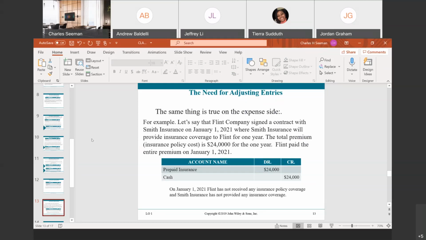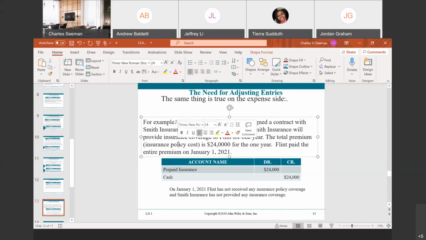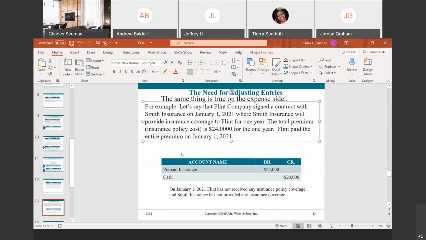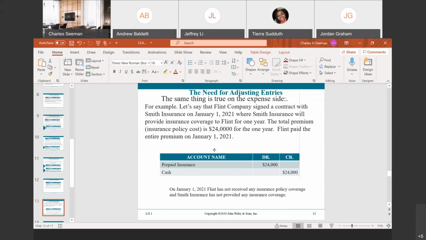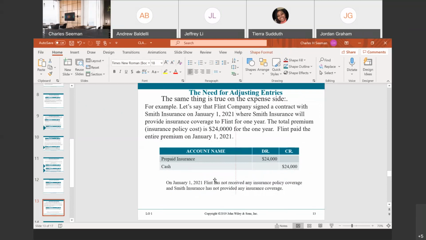For example, let's say that Flint Company signed a contract with Smith Insurance on January 1st, 2020, where Smith Insurance will provide insurance coverage to Flint for 1 year. The total premium insurance policy cost is $24,000 for the year. Flint paid the entire premium on January 1st. Since Flint has not received any insurance coverage, remember the policy covers January 1st through December 31st.